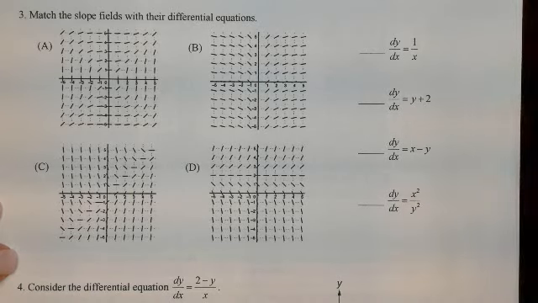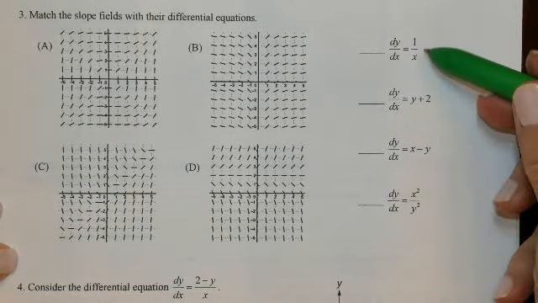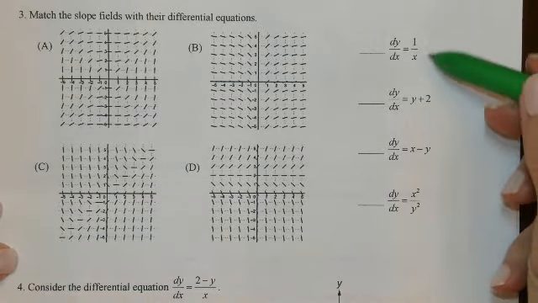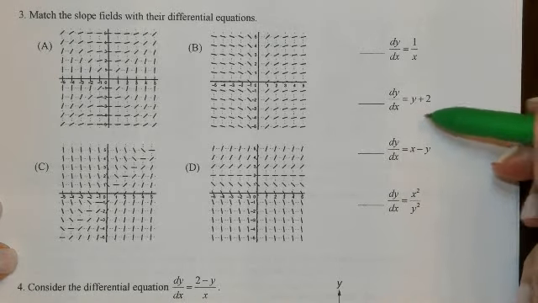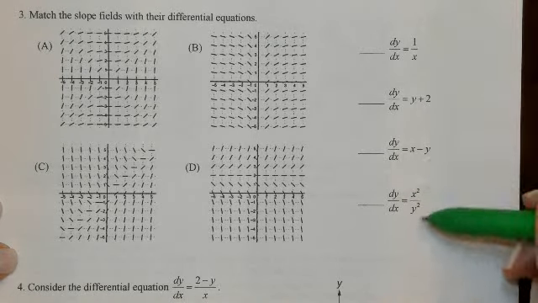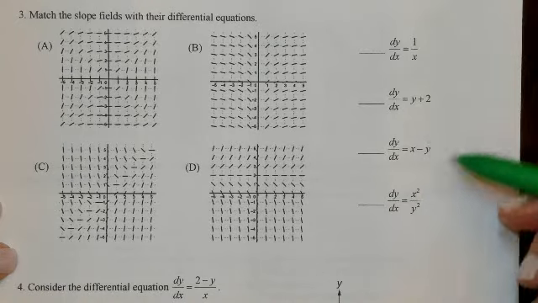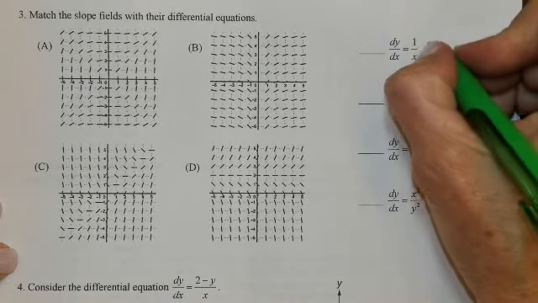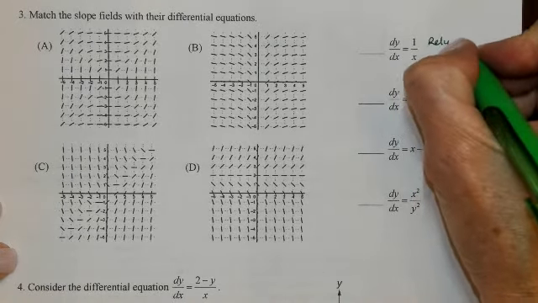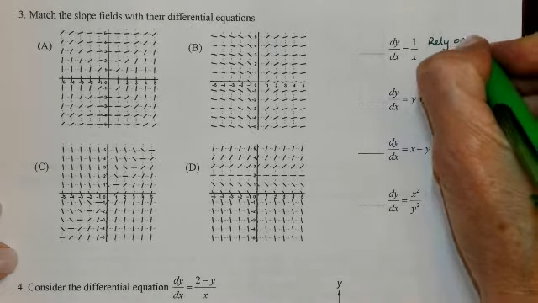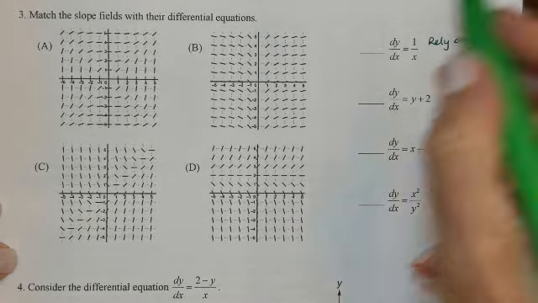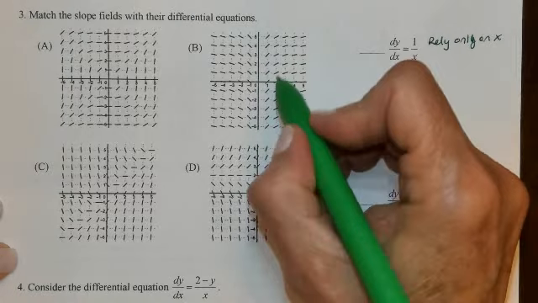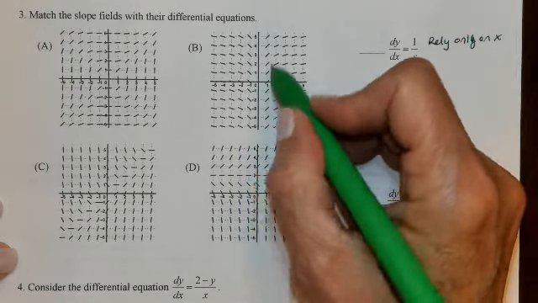Let's take a look. I see that this differential equation relies only on x. This relies only on y. These rely on both. So I'd like to use what I know. This one relies only on x. That means for every x, the slope should be the same.